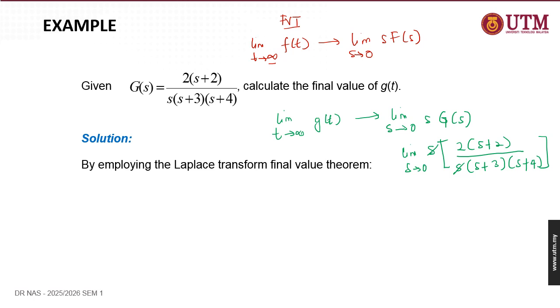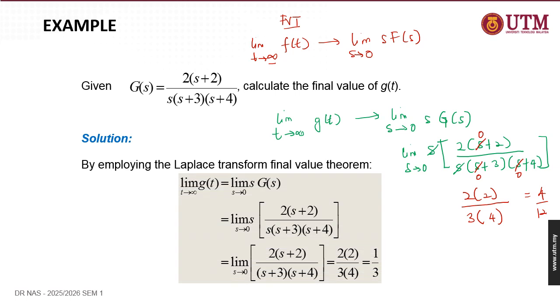Now the equation becomes 2 multiplied with 2 divided by 3 multiplied with 4, so it's 4 over 12, or 1/3, the final value of this particular equation.